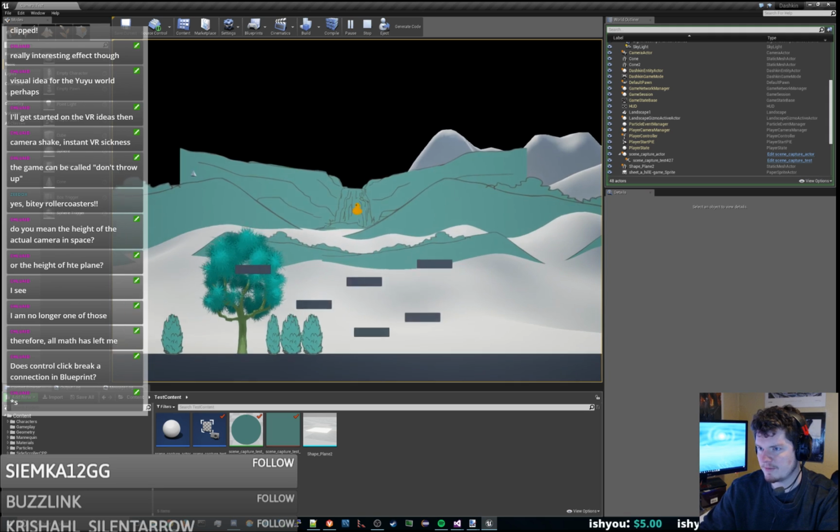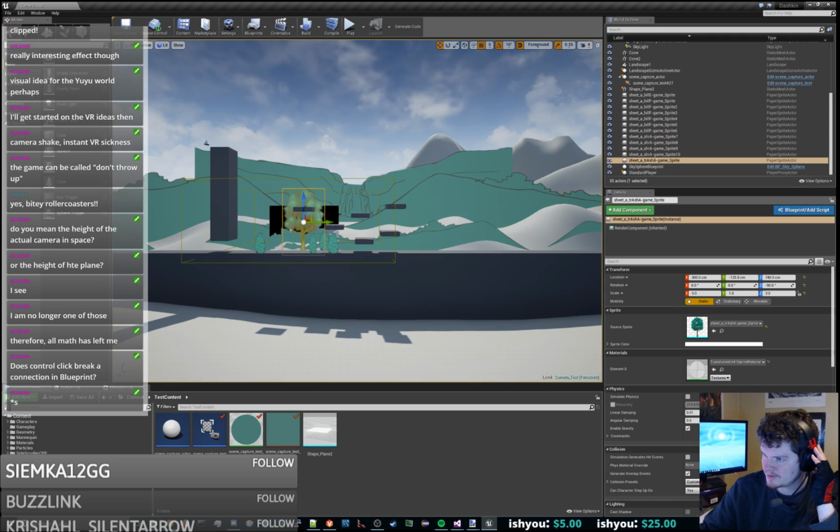But how do we get the depth buffer properly set up with that object?